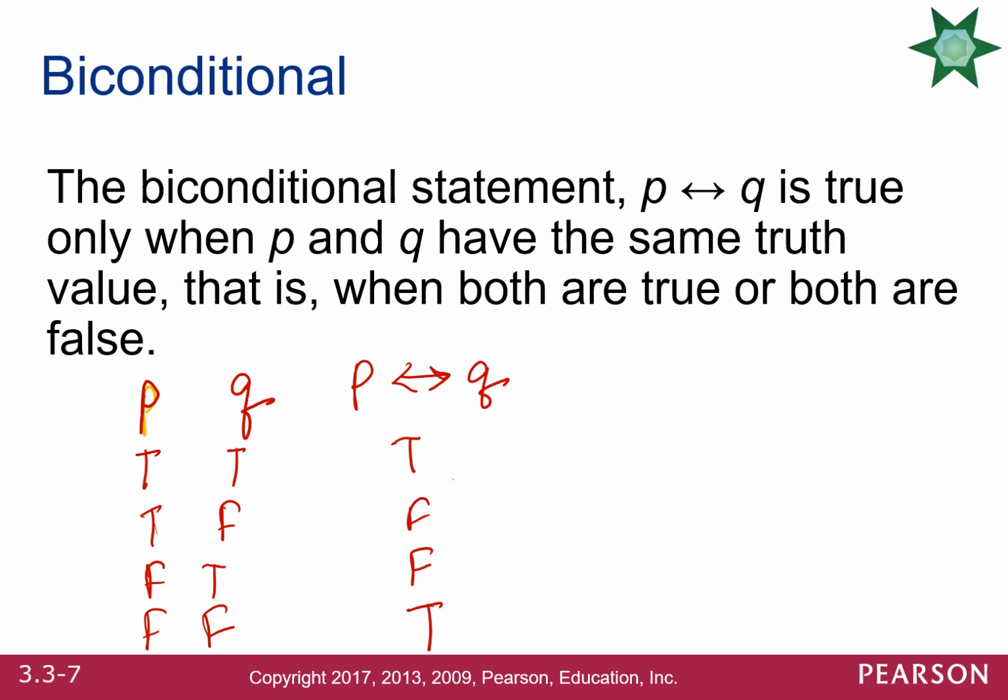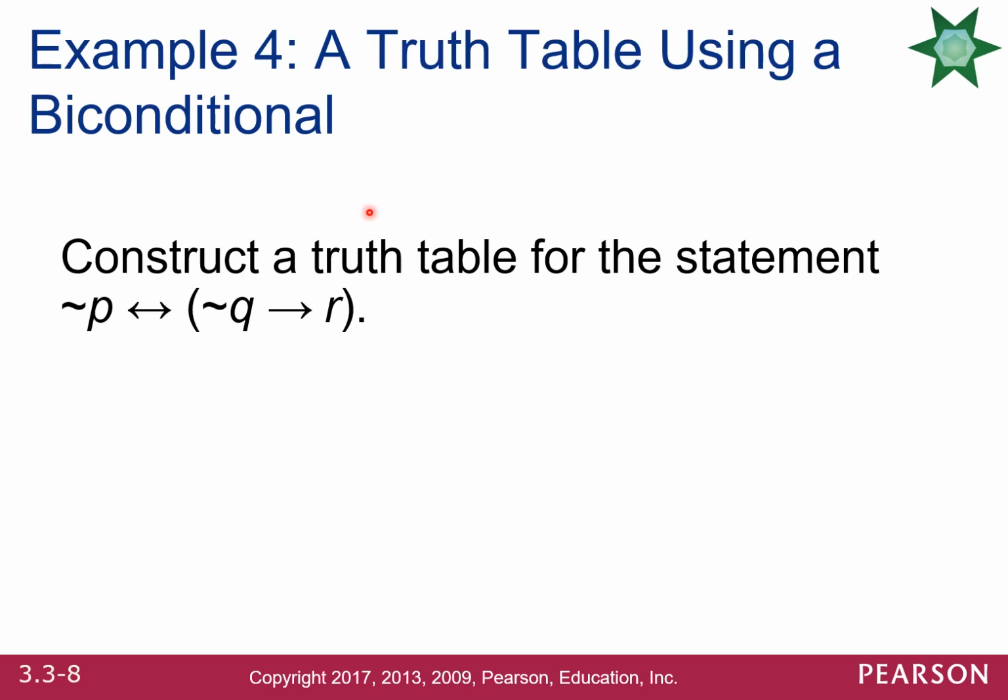All right. So now let's go through an example to create a truth table for a statement which has not only the biconditional but also the conditional as well as some of the other logic operators. All right, so let's first go through the statement in symbolic form and then we'll try to put it in words.